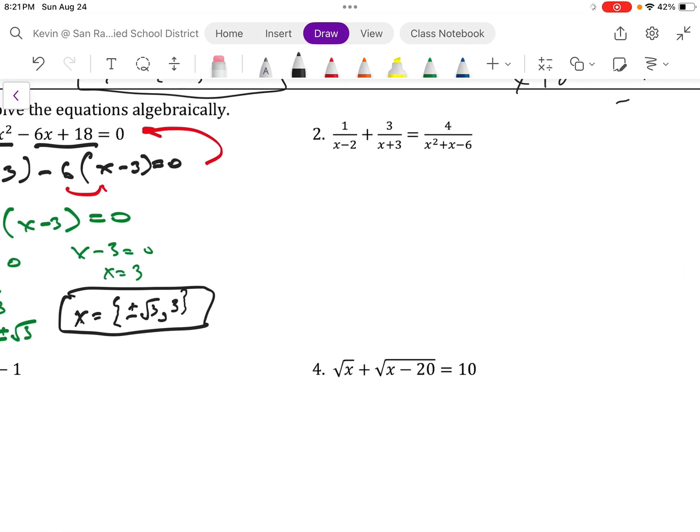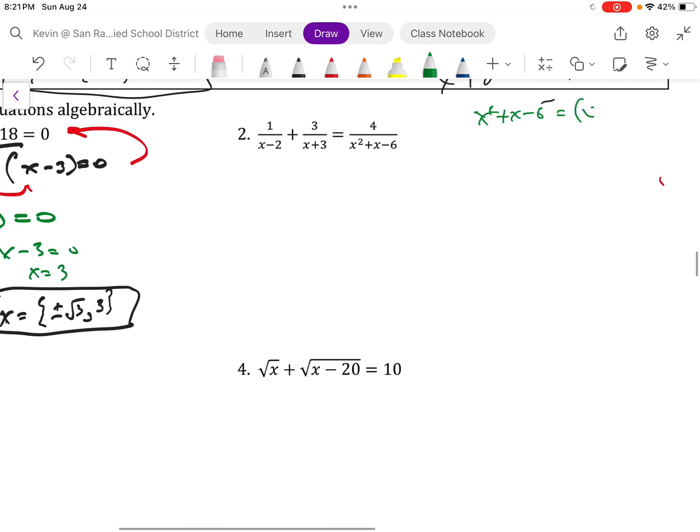Okay, over here, we're going to make note that x squared plus x minus 6 equals x minus 2 times x plus 3. So there's a relationship there, and that's important because what we're going to do here is multiply by x minus 2, x plus 3.